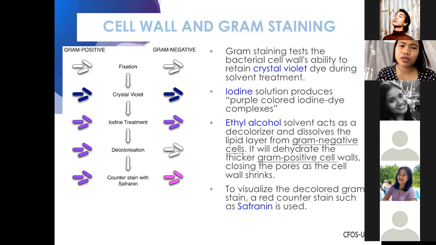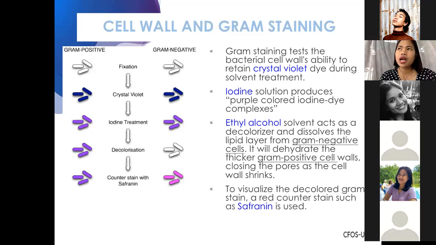What is the reason for that? Of course, the cell wall has shrunk because of old age. What you said earlier is right: it is possible that the pores shrank and closed, so it can no longer be stained with the crystal violet and iodine, or the dyes can no longer penetrate, or it can no longer absorb the dyes. Okay, so that is the reason.